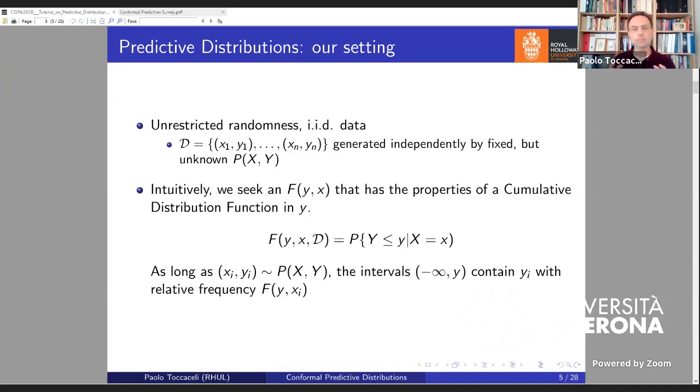So in other words, and more specifically, as long as the test points come from the same distribution from which we've drawn the training data, the intervals from minus infinity to y contain the actual label yi with relative frequency given by the function f evaluated in y and xi.